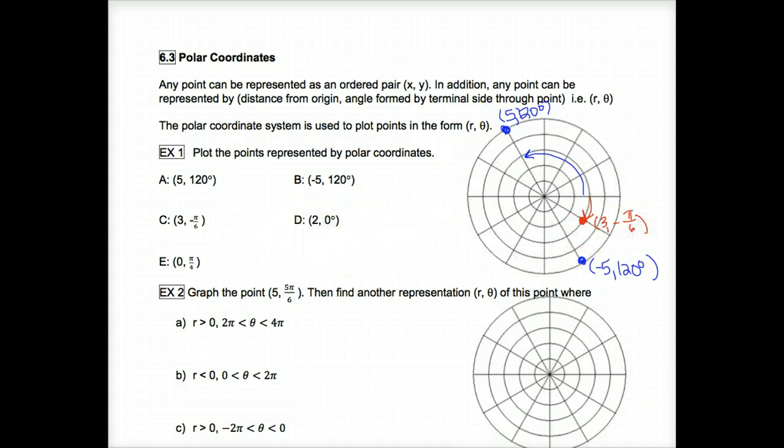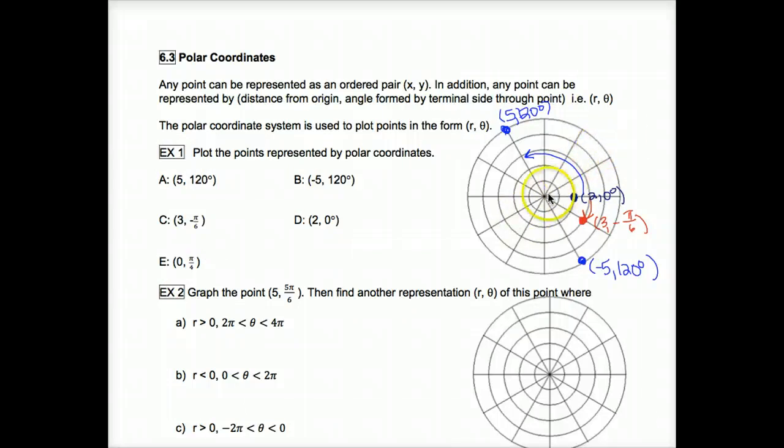Next, (2, 0 degrees). Well, 0 degrees, of course, lands right here. This is its terminal side. So when I go to the pole and then count 2 forward on that terminal side, I end up right here. This one looks just the same as it would have in the rectangular coordinate plane. Last one, (0, pi/4).